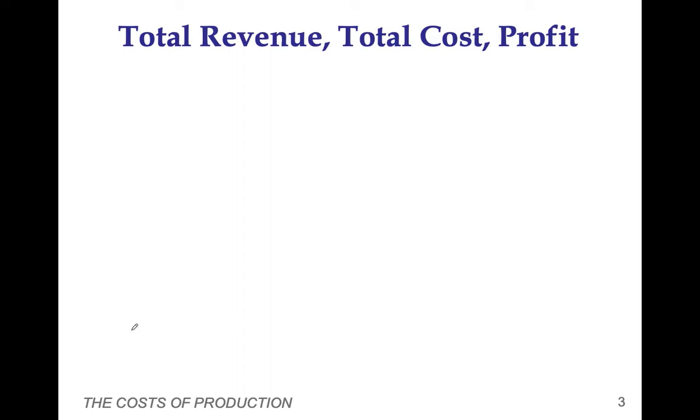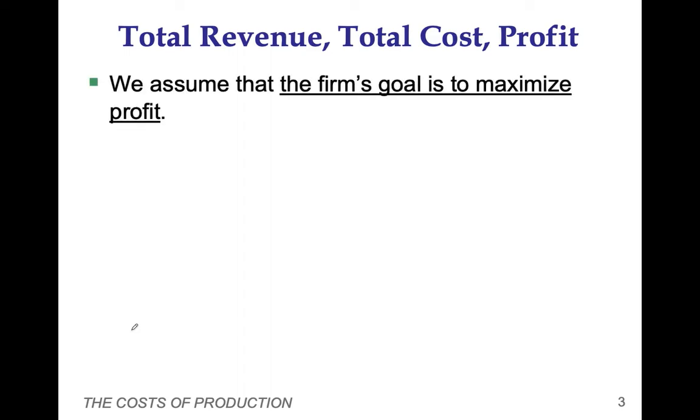Total revenue, total cost, profit. We assume that the firm's goal is to maximize profit. Of course, I think this assumption is widely acceptable. A firm is a for-profit organization, unlike non-profit organizations like associations or cooperatives.